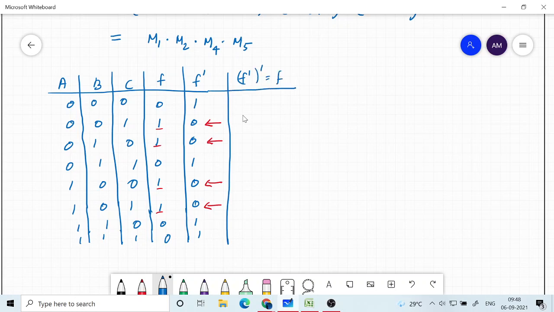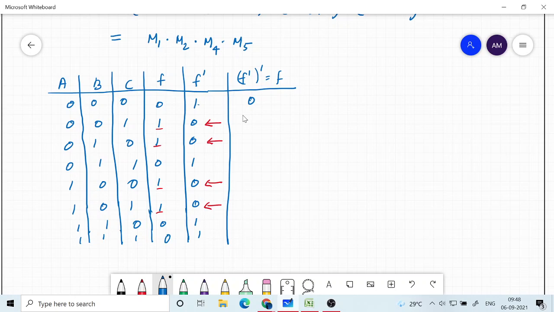So if we had started with min terms of F dash, which is basically this, and then worked out the same thing, wherever F dash is 1, the corresponding min terms would have come out, right? Just like here. So that's what we need to do.